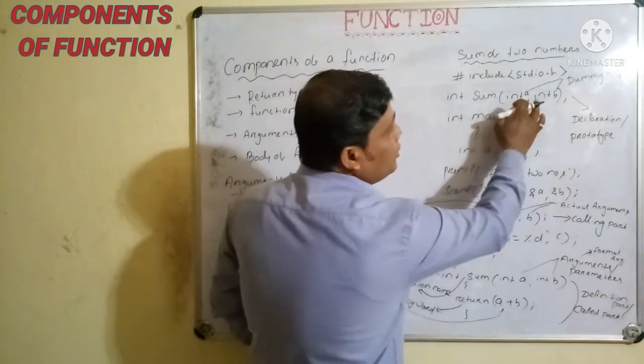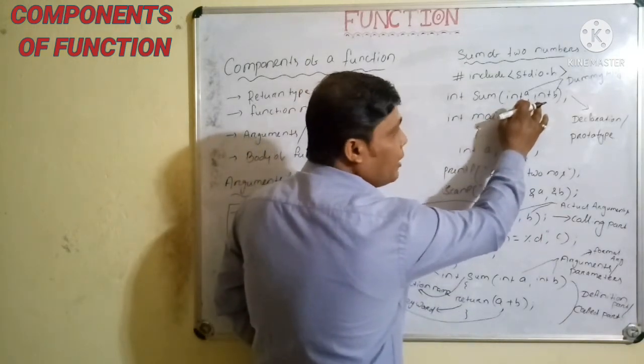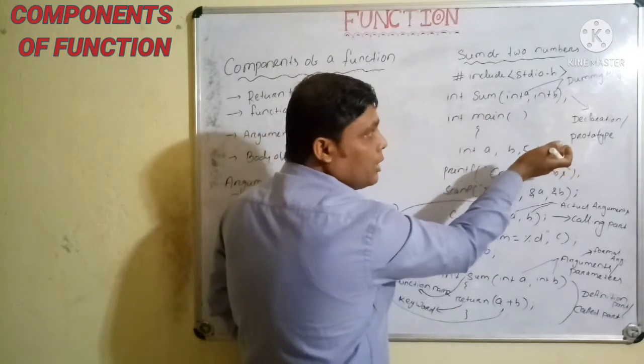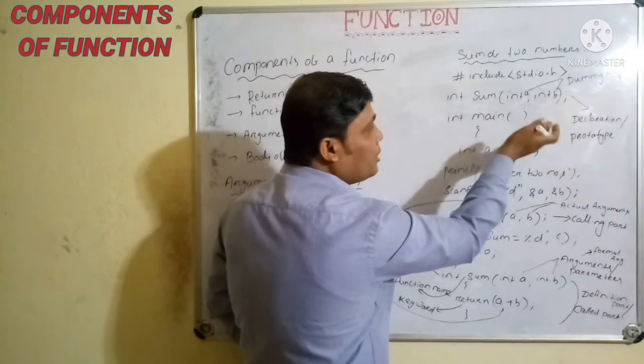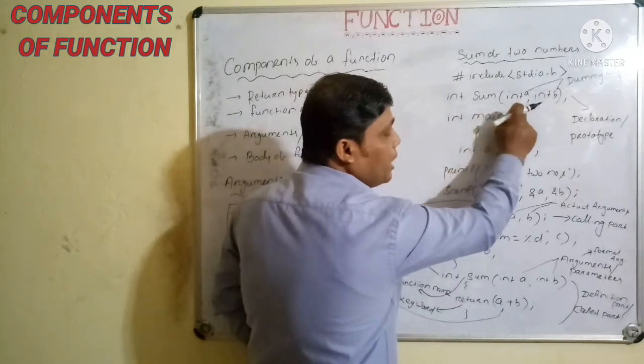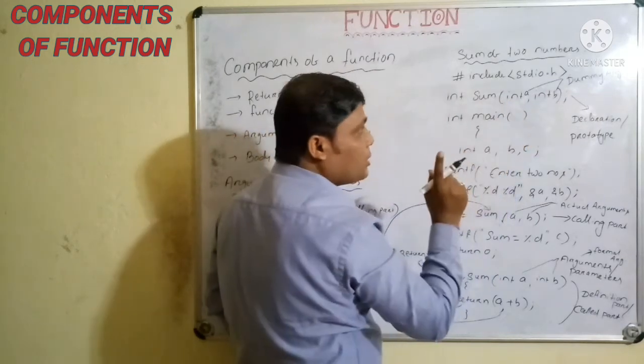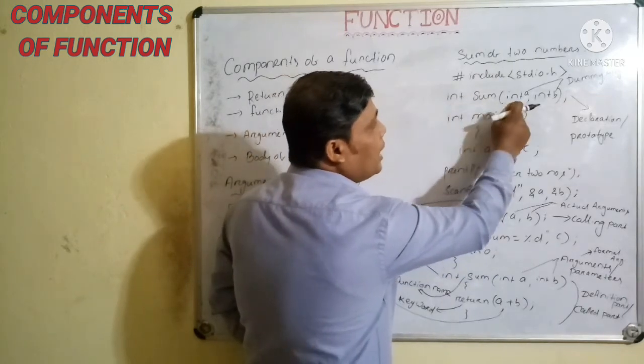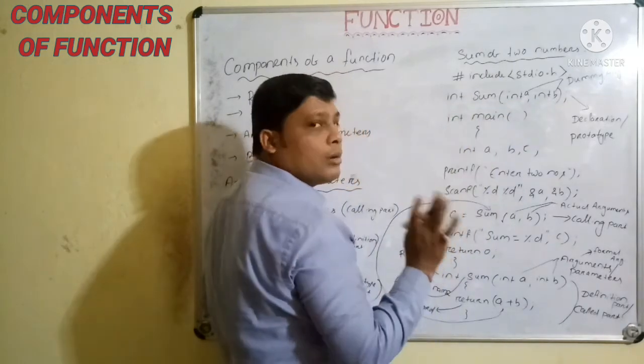Here we can see the parameter name or argument name. Here it is not mandatory. It's a dummy type. Here you may give or may not give. But the parameter type or argument type is compulsory. Here it is return type, function name and parameter type. It is compulsory.